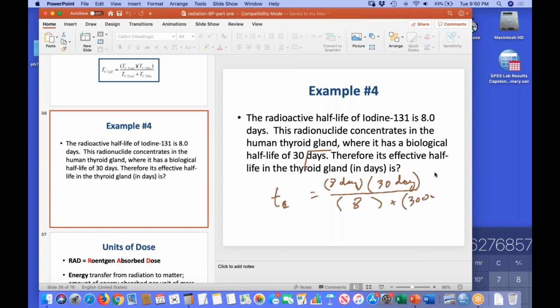Units up here are days squared. Units down here are days. So the units wind up being days, or half-life in days. So it's going to be 8 times 30 is 240, over 8 plus 30 is 38. So 240 over 38 is our effective half-life. 240 divided by 38.